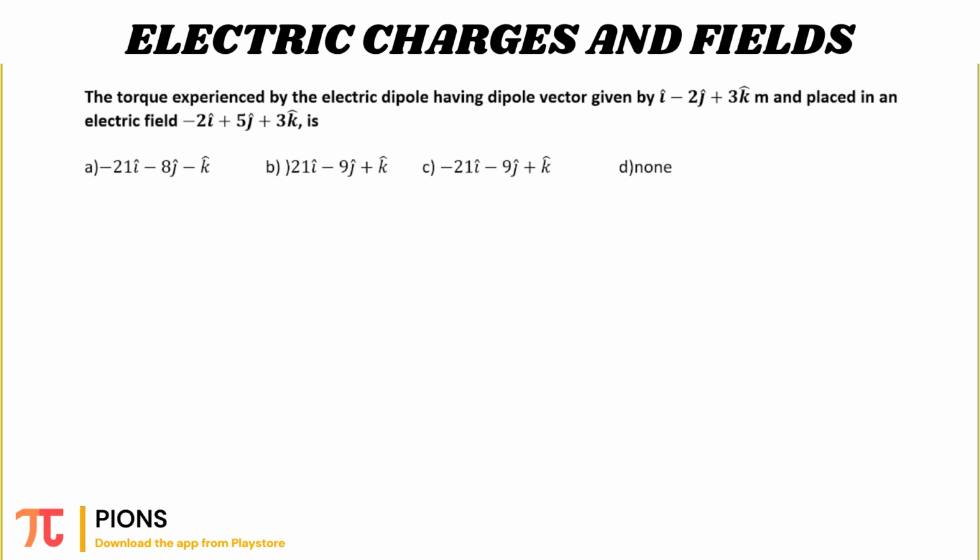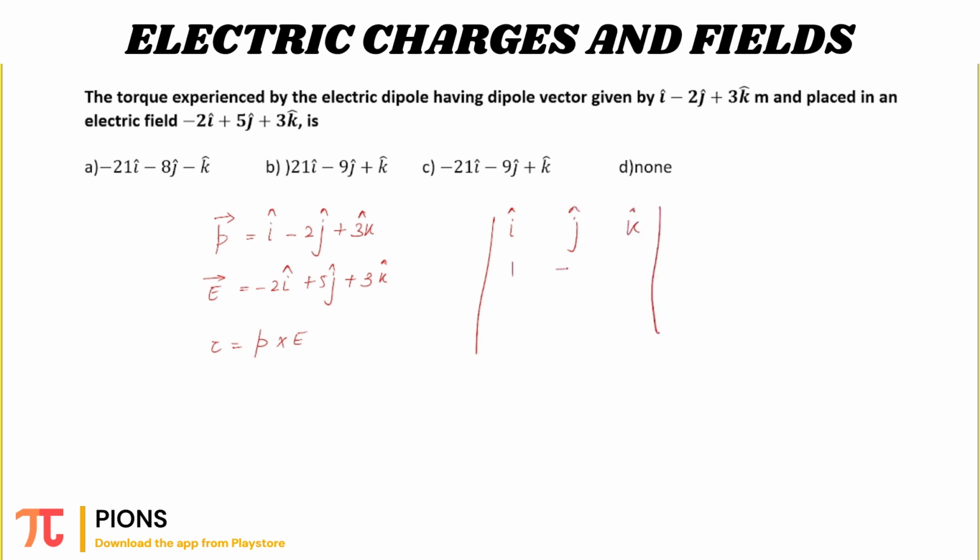Let's see. The question says the torque experienced by the electric dipole having a dipole vector given by P, which is equal to i cap minus 2j cap plus 3k cap, that's the dipole vector, and placed in an electric field E, that is equal to minus 2i plus 5j cap and plus 3k cap. So torque tau will be equal to P cross E. So let's find the cross product. i cap, j cap, k cap, and P here is 1, minus 2, 3, E here is minus 2, 5 and 3.